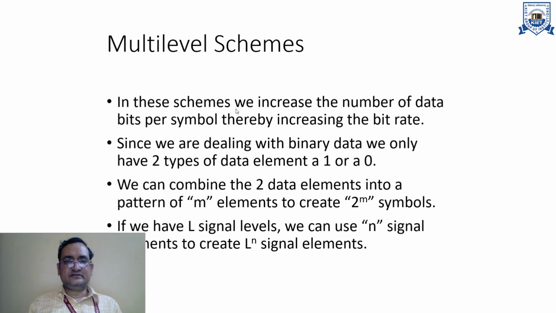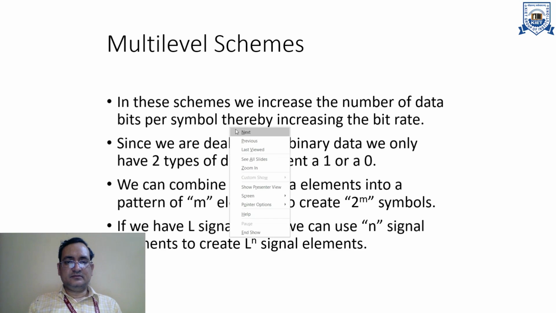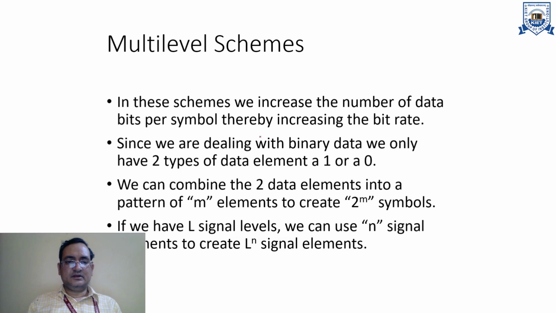In the multi-level scheme, we increase the number of data bits per symbol, thereby increasing the bit rate. Since we are dealing with binary data, we only have two types of data element, a 1 or a 0. We can also combine the two data elements into a pattern of m elements to create 2 to the power m symbols.